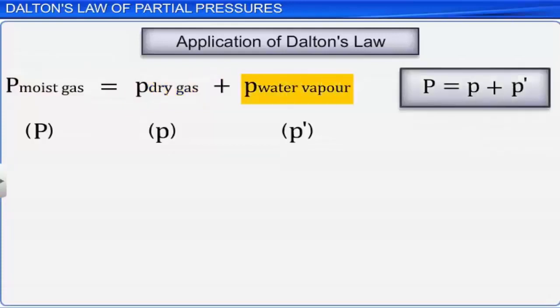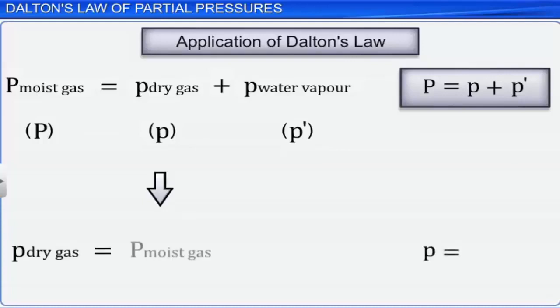By rewriting the equation, we get the partial pressure of dry gas P is equal to total pressure of moist gas P minus aqueous tension P dash.